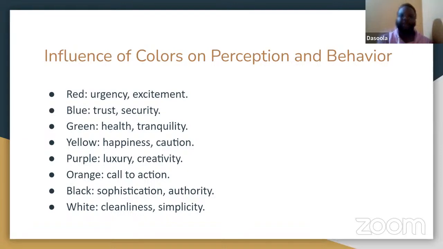As you can see here, red inciting urgency and excitement, blue inciting trust and security, white inciting cleanliness and simplicity, purple luxury and creativity. The way we look at certain colors is basically what those colors bring out in us.